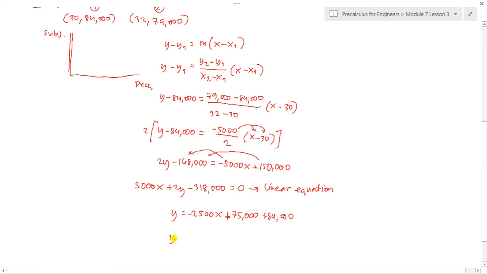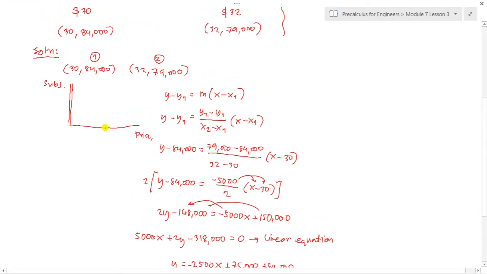So y equals negative 2,500x plus 75,000 plus 84,000, and the answer is 159,000. It is plus 159,000. So this is a linear function.